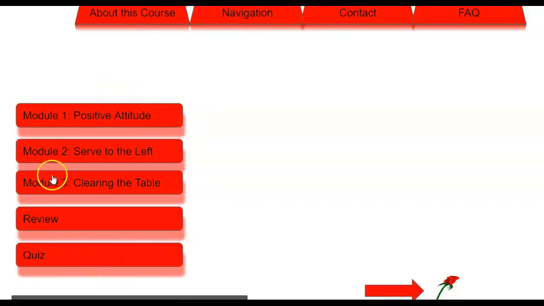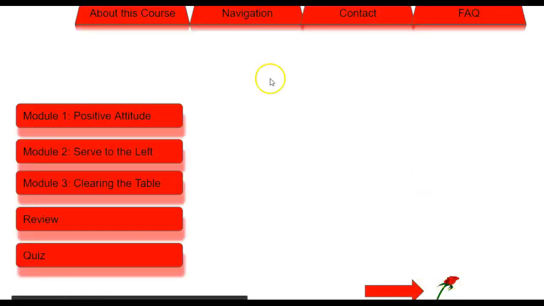So this time, if I go to module 3, not very much happening there because I have not populated the content. But this time, if I wanted to go to the next slide, I could click the arrow and it will take me to the next slide. If I wanted to go back to the graphical user interface, I could click on the rose and it will take me right back here to my main menu.